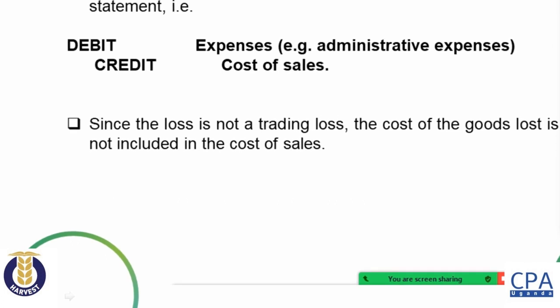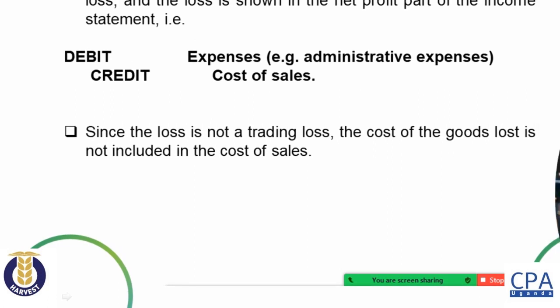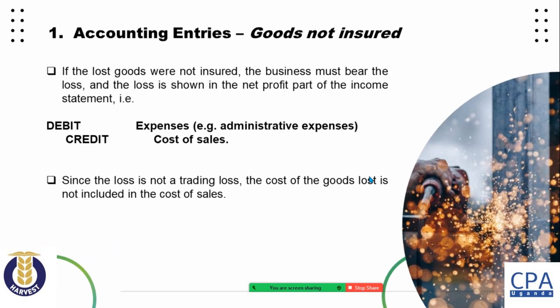A non-trading loss is one that simply comes out of uncertain events like theft, fire, and any other event that may lead to loss of goods. So I hope you have taken note of that.